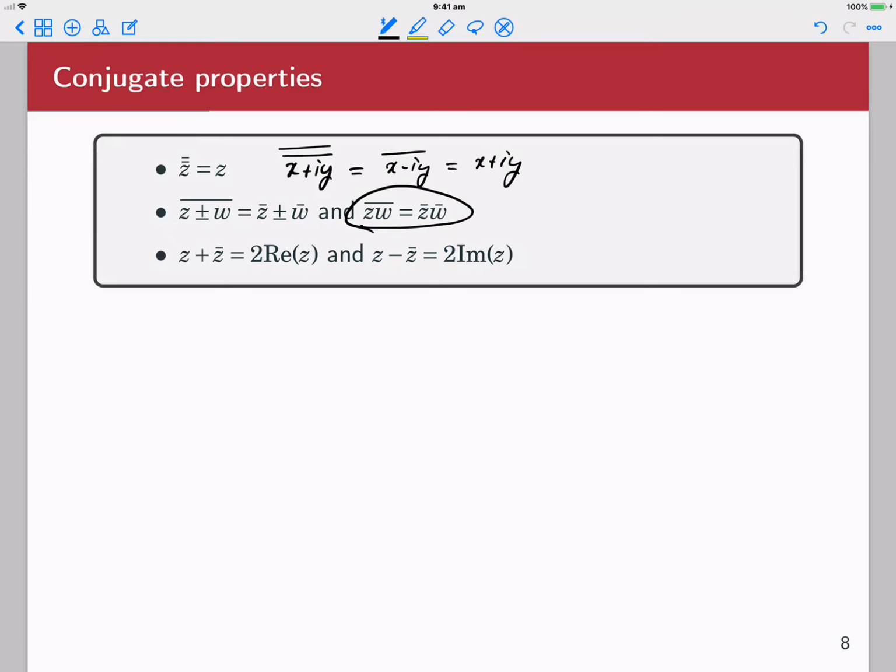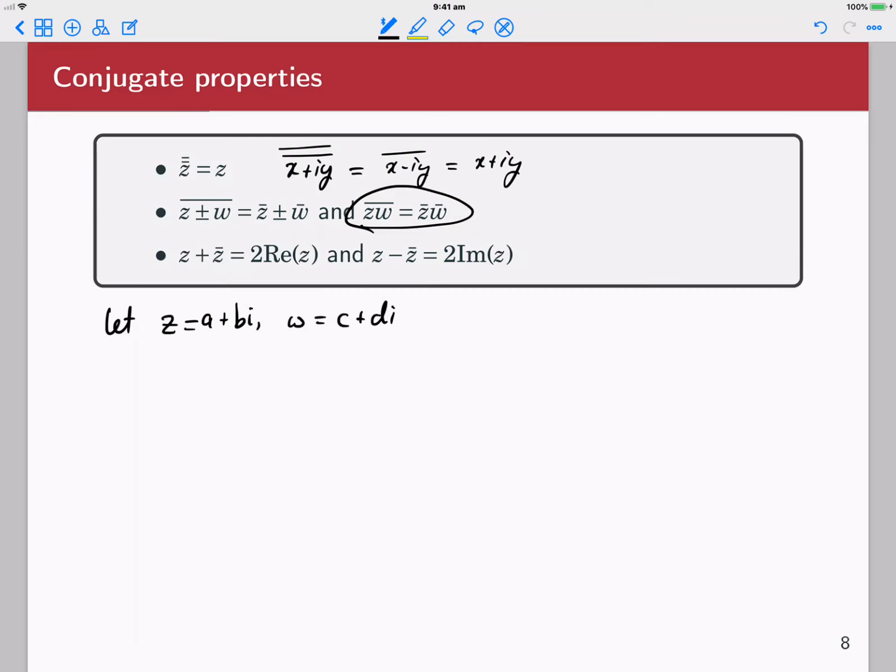I want to prove that if z and w are complex numbers, and I take the conjugate of their product, that's the same as taking the conjugate of z and multiplying it by the conjugate of w. In order to prove this, we just let z and w be two arbitrary complex numbers. I can let z, for example, be a plus bi, and let w be c plus di.